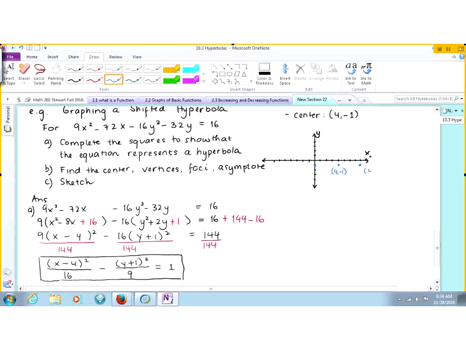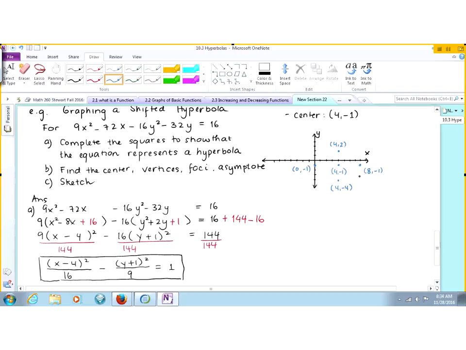All right, how many units do I go up and down? 3. How do you know it's 3? Well, the square root of 9 is 3. So 1, 2, 3. So this is (4, 2), and going down is (4, -4).